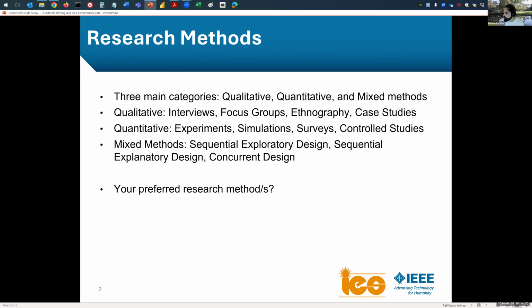So, a question to the audience: out of these quant and qual and mixed methods, what's your preferred research method? We are all doing AI research, so what's the preferred research method for AI research? It's on the slide, so you can pick a term from this. Simulation, that's good. Thanks.